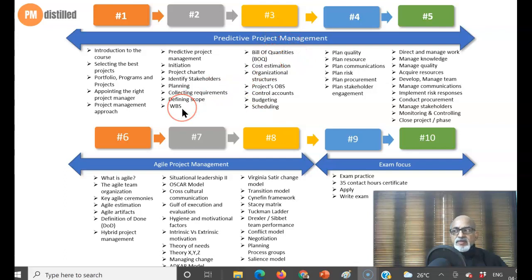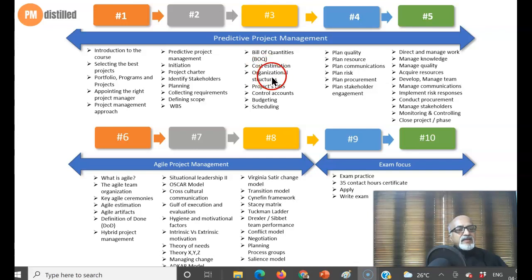So once the WBS is done, the next step is creating the bill of quantities or BOQ. And once we have the BOQs, then it is easy to prepare the cost estimation.